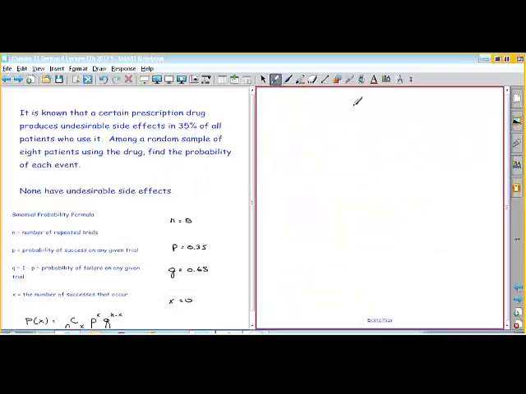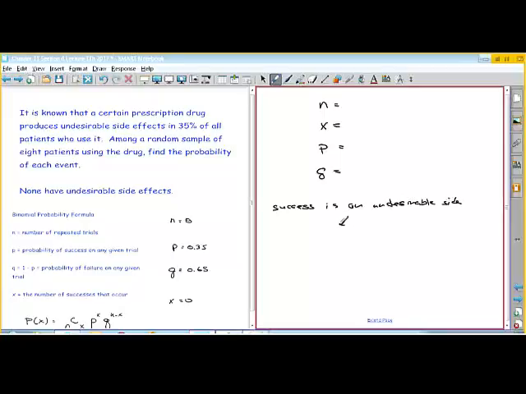So the way we would do that is, we need to know what N is, we need to know what X is, we need to know what P and what Q are. So in this case, I'm just going to have to define success as an undesirable side effect. It sounds wrong, but again, success is all relative.